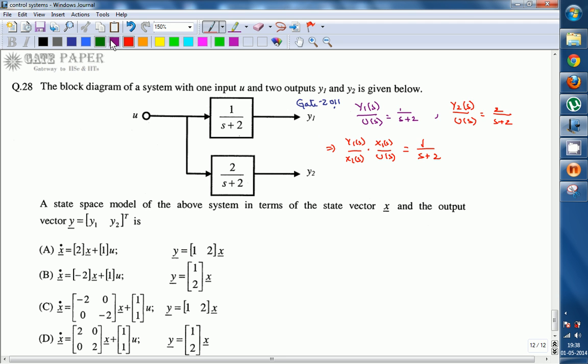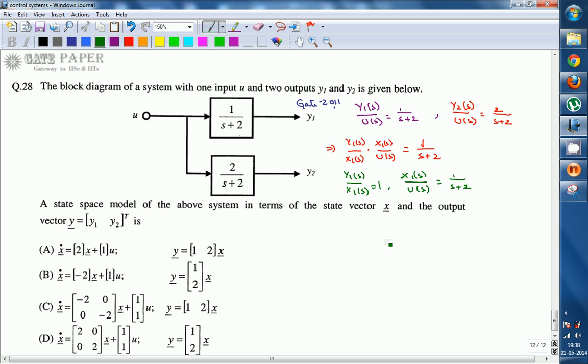Now I am considering that y1 of s divided by x1 of s equals 1, and x1 of s divided by u of s equals 1 by s plus 2.